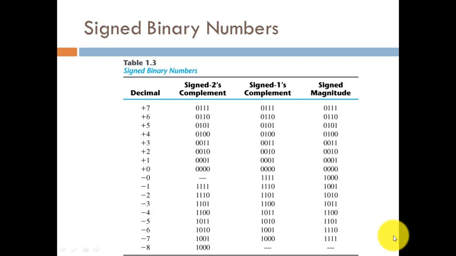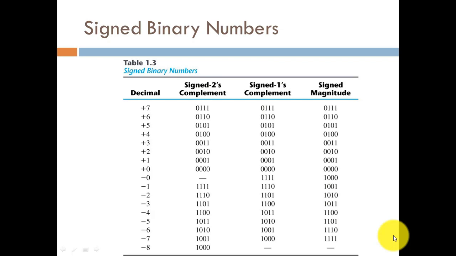This particular column represents the sign 1's complement corresponding to this sign magnitude, and this represents the sign 2's complement.